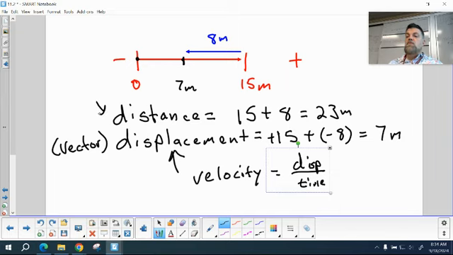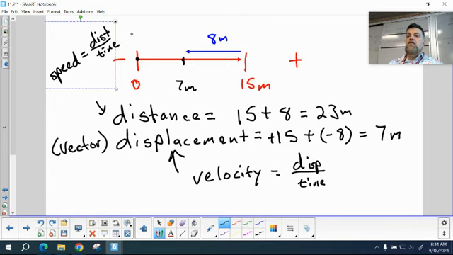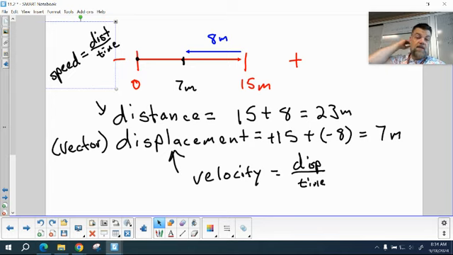Speed is distance over time. You can do both; there's a time for both. But that's what we're going to do in today's assignment.